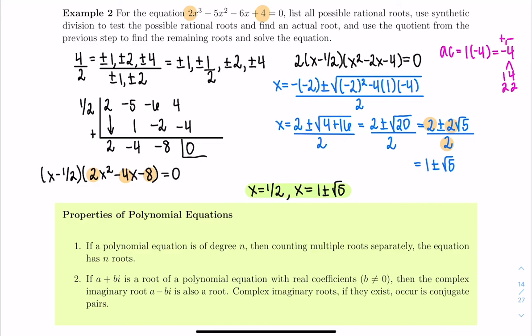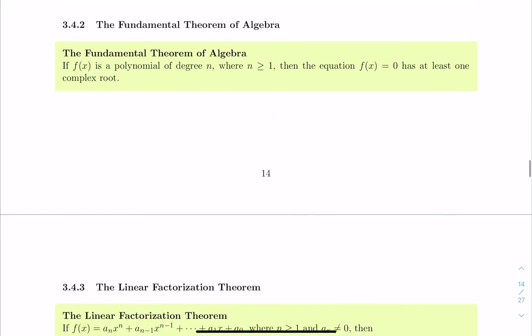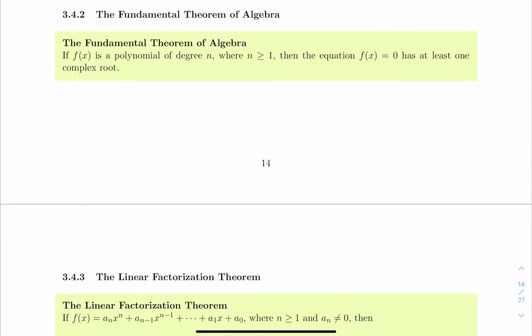The fundamental theorem of algebra: if f of x is a polynomial of degree n, where n is greater than or equal to 1, then the equation f of x equals 0 has at least one complex root.